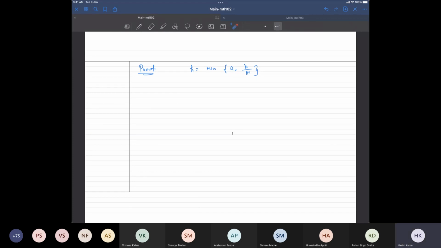Let us draw some pictures so that we can recall what this a was. This was a and this was b.